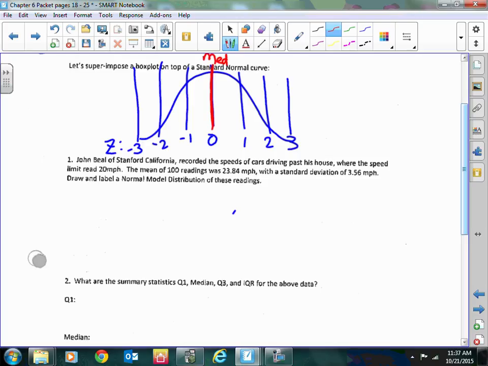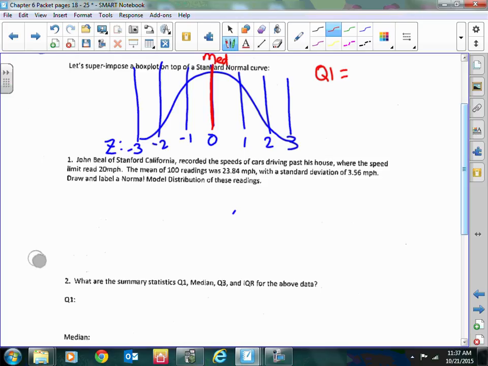Okay, nice. All right, what else would we be interested in finding on Q1? Okay, so Q1 will be located at where? Yes, Q1 is at the 25th percentile. Well, where's that on here?